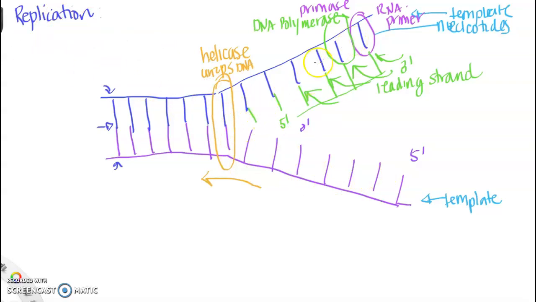So we have our RNA primer, and we link it on to a nucleotide here. This is the starting point. And then we get DNA polymerase, and we start adding nucleotides.